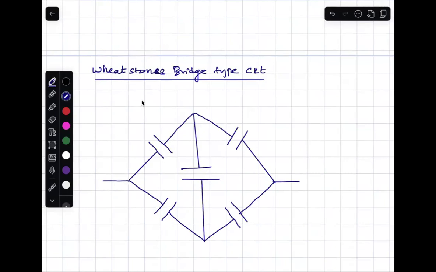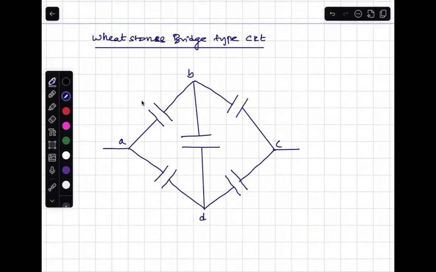In this, you label it as A, B, C, and D. The capacitances are C1, C2, C3, C4, and C5. Now, say some charge Q enters when connected to a battery.